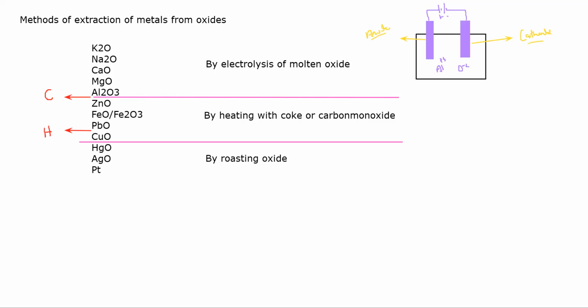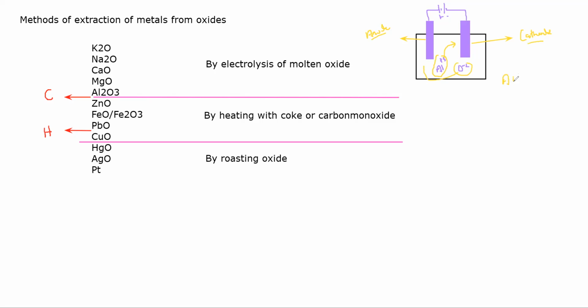Which electrode will attract the aluminium ions? Positive ions are attracted towards the negative terminal, the cathode. So at the cathode we will have aluminium, at the anode we will have oxygen.